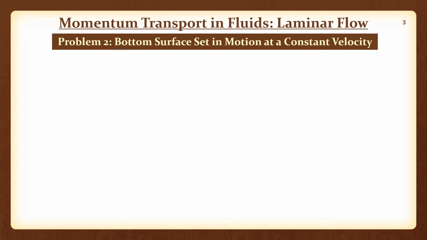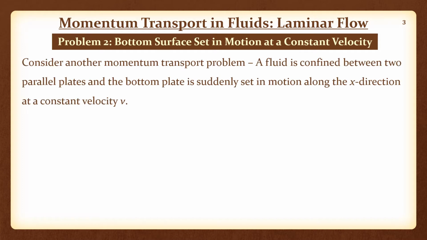Couette flow is basically, once again, a flow between two parallel plates with the bottom surface set in motion at a constant velocity. You can assume this surface to be infinitely long. And of course, we are looking at a certain length L over which this velocity profile is looked at. But the plate is continuously set in motion.